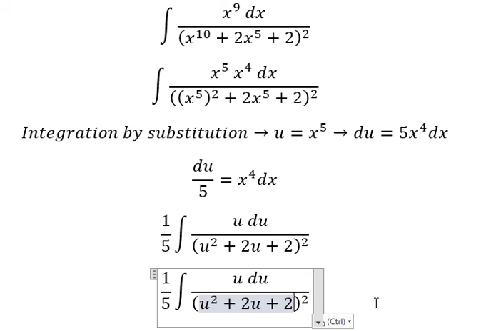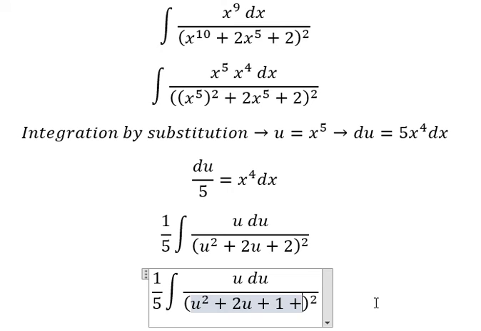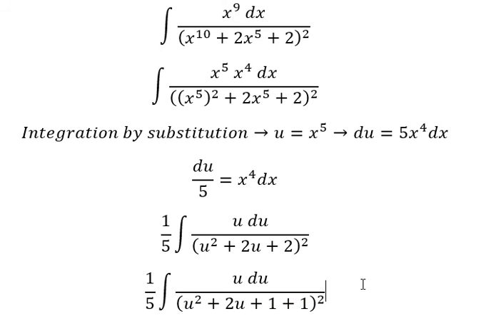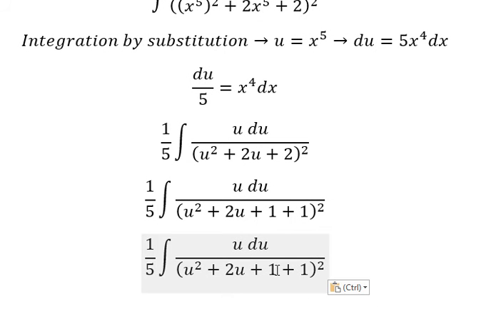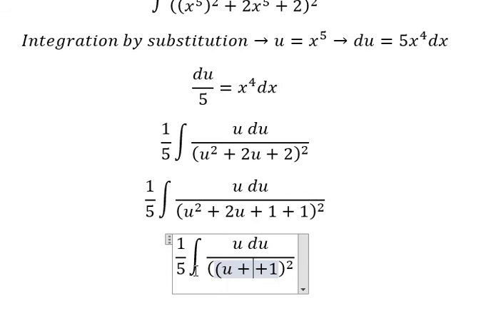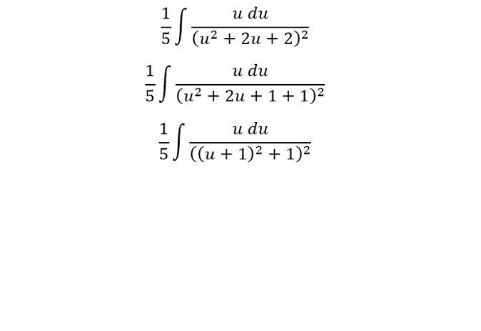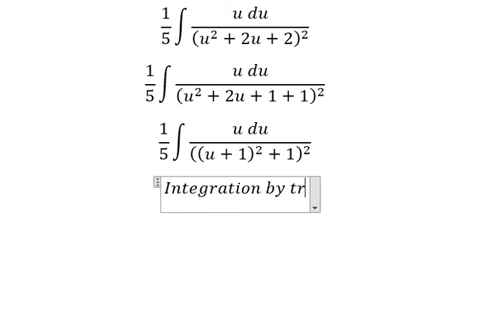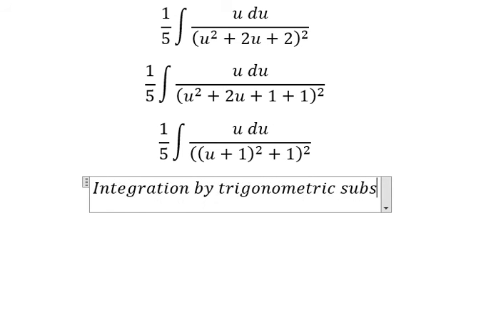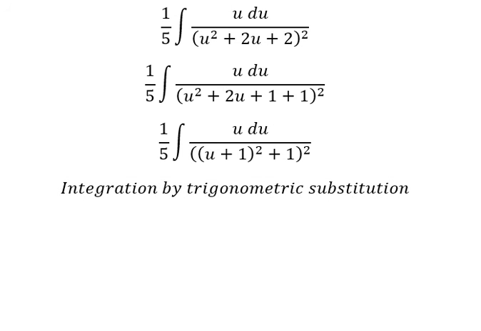So the number 2, that's 1 plus 1. And this one in here, we will change to u plus 1 everything to the power of 2. And now we need to use integration by trigonometric substitution.